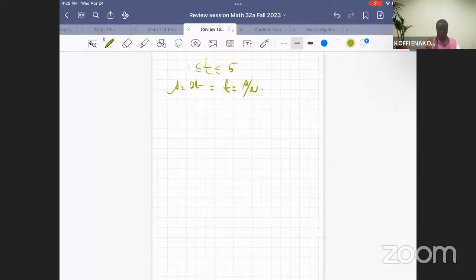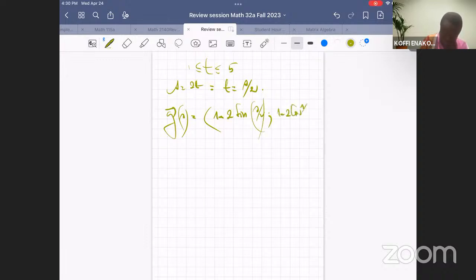Once that is extracted, I can write the parametric equation as 1 minus 2 the sine of t, 1 minus 2 cosine, and 0.